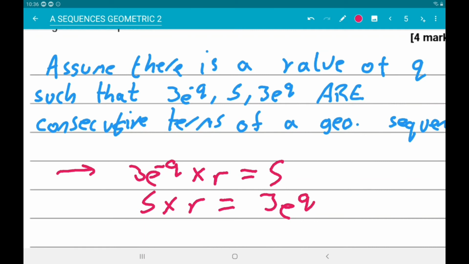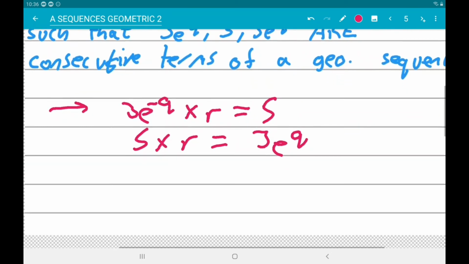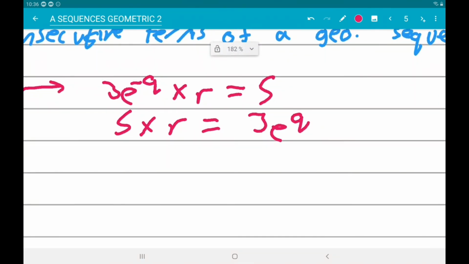Alright, now we are interested in q. Now, to get rid of r, we can divide one equation by the other. So, I'm going to do the top one divided by the bottom one. So we're going to get 3e to the minus q over 5 is equal to 5 over 3e to the q.